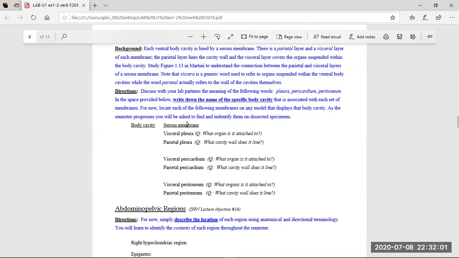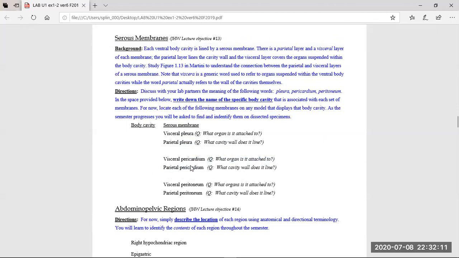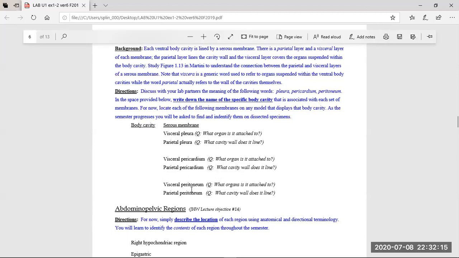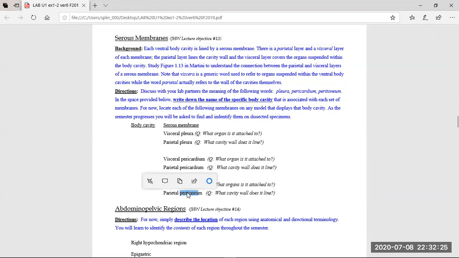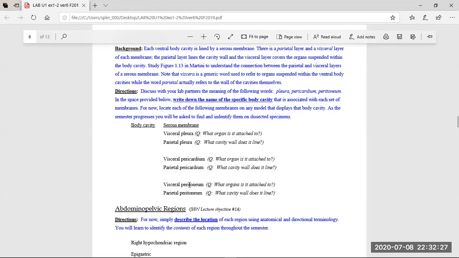So it's with these three locations: the pleural cavities for the lungs, the pericardial cavity for the heart, and in the abdomen, you could think of the stomach, the intestines, the liver. They're all in that peritoneal cavity and lined with the peritoneal membranes.